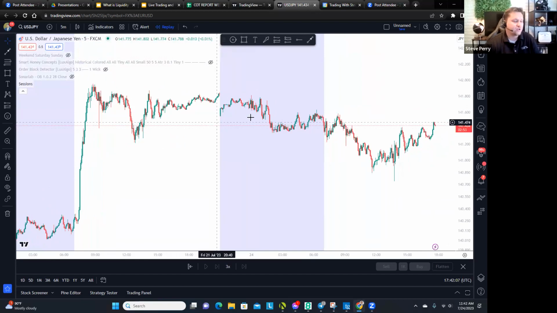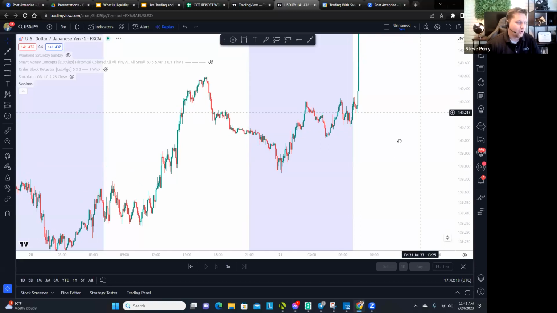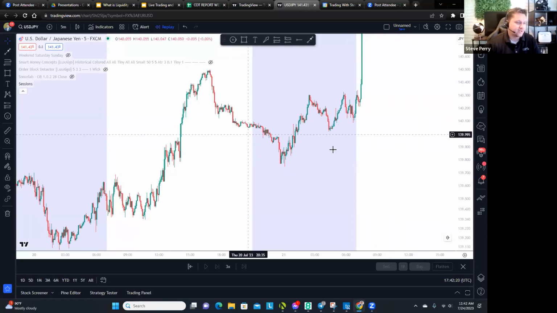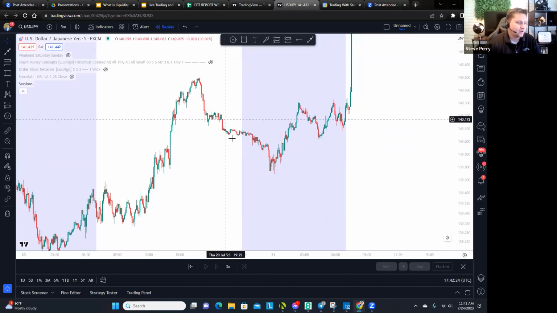So this was yesterday on Sunday. Sundays are not a good Tokyo session, but all the other ones are pretty good. So right here, you kind of have some breakouts that you could possibly work with. I can see a couple of examples on the dollar yen here. So this one actually came down to a liquidity zone.